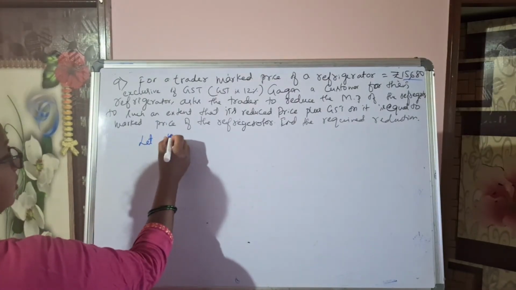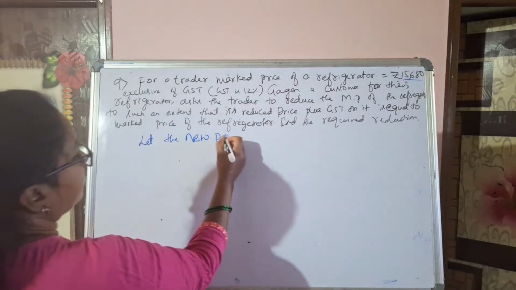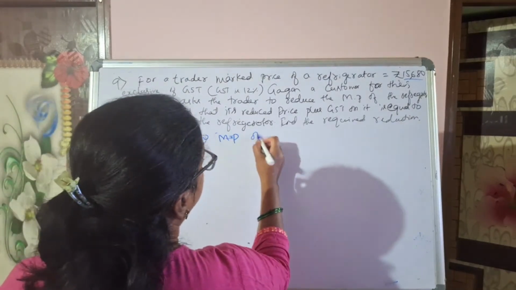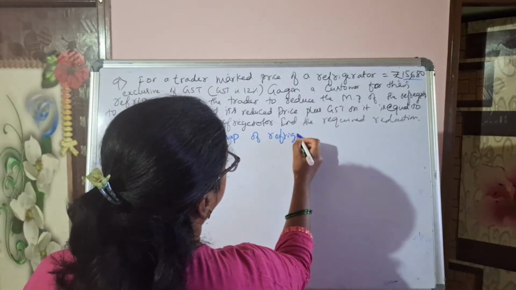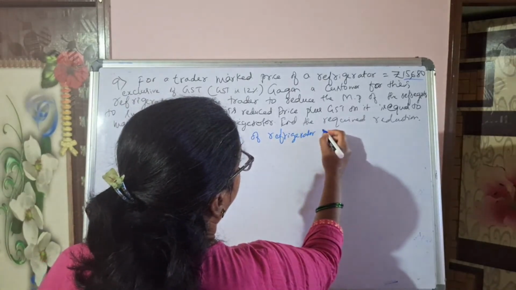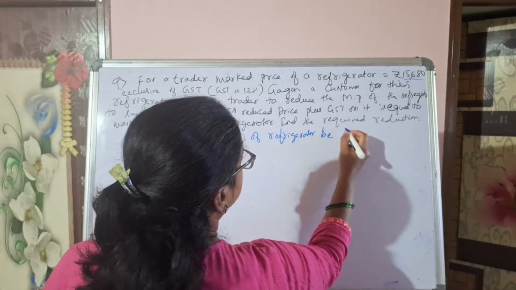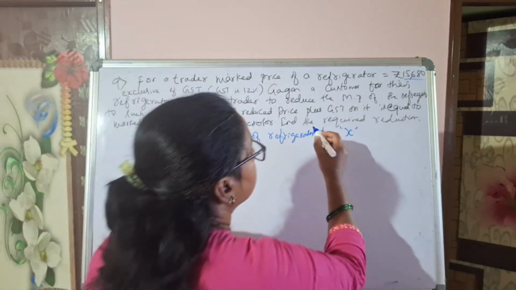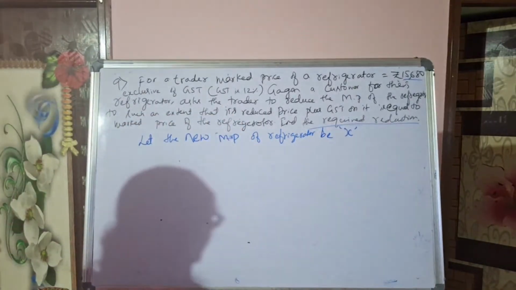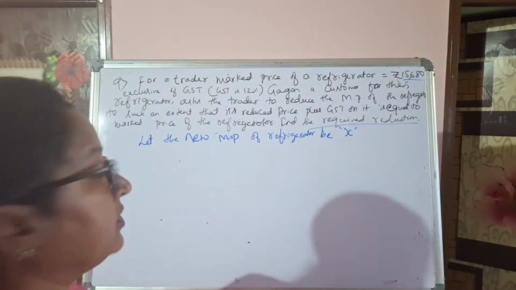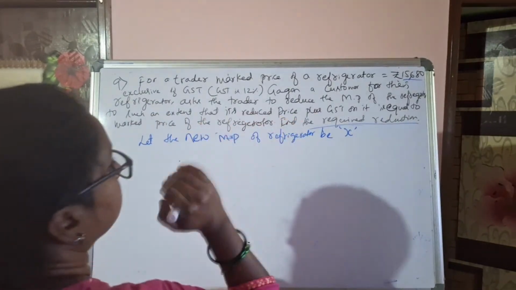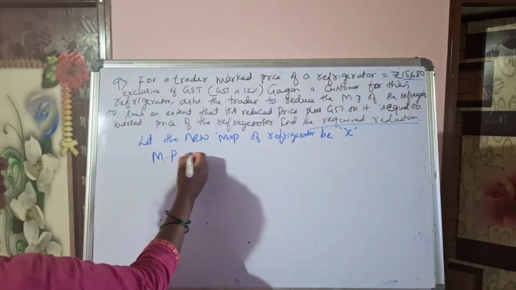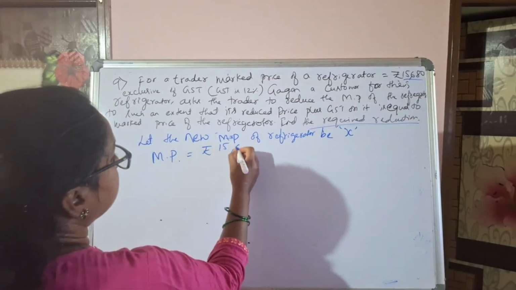Now let the new market price of the refrigerator be X. We don't know the new market price of the refrigerator, so we have taken it as X. The given market price is equal to rupees 15,680.